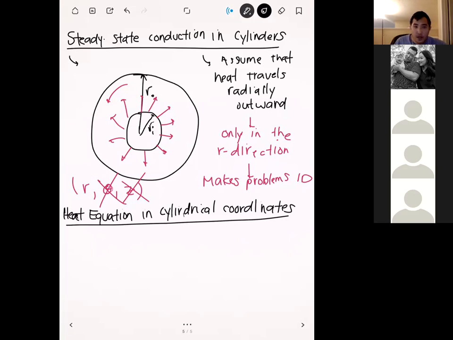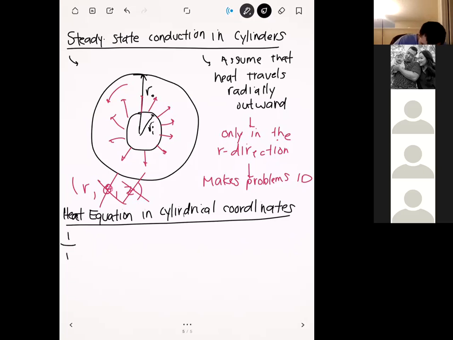Once again, I'm not going to derive this because I think there are better uses for our time. But if you are interested, the book has a great explanation for the derivation. Basically, you would apply conservation of energy on a small cylindrical element and go from there.